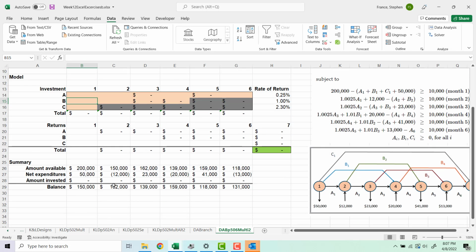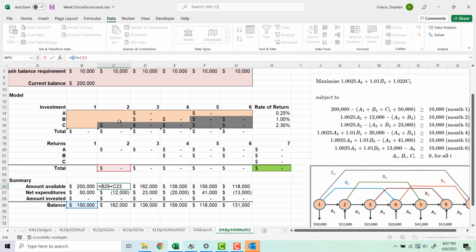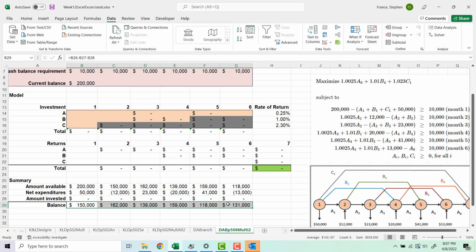This follows through: the new amount available is our previous balance plus any returns on investment. Again, subtract expenditures and amount invested. So we just have this balance going all the way to the end.